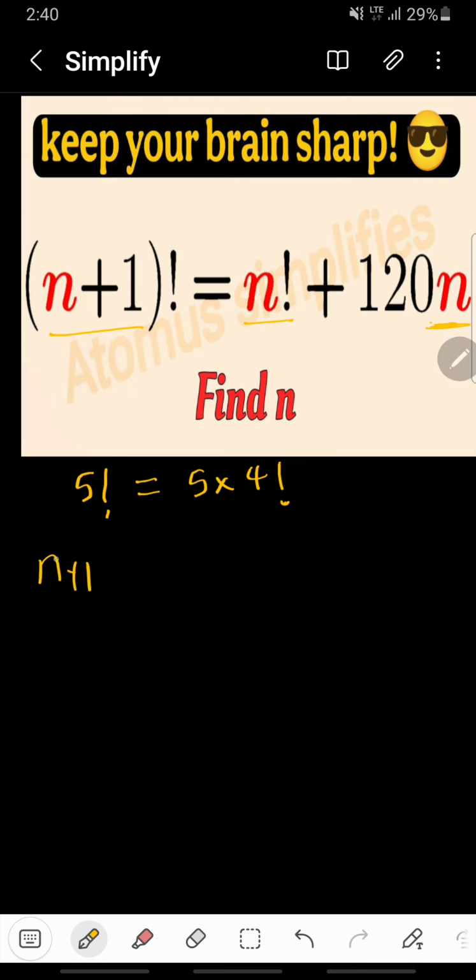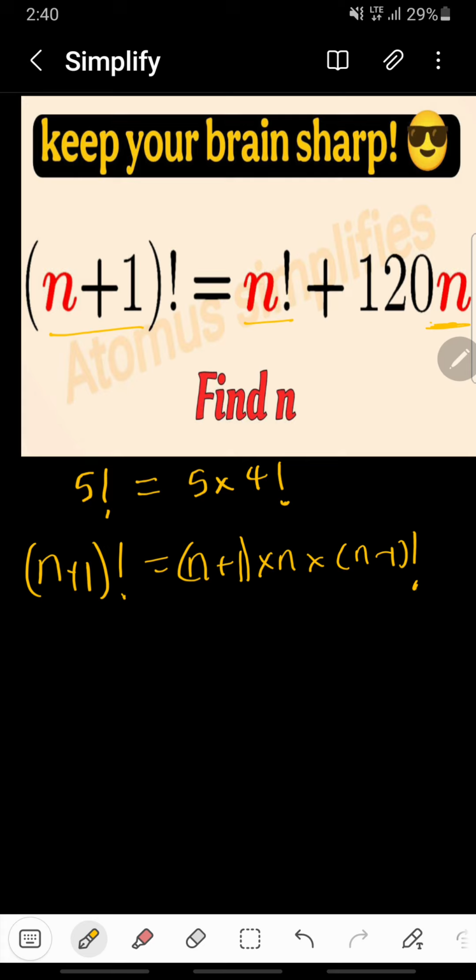That is, n plus 1 factorial is the same thing as n plus 1 times n minus 1 factorial. Then I will stop there. And the n factorial that I have here could also be written as n times n minus 1 factorial. Can you see? I have n minus 1 factorial here, and I have n here.